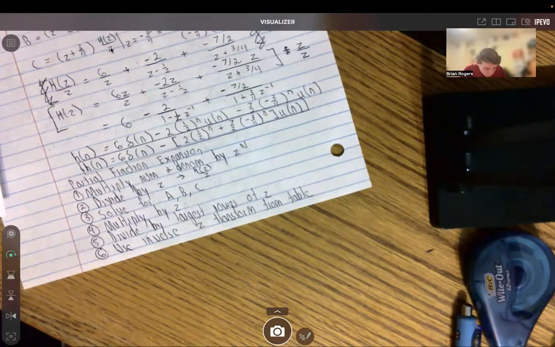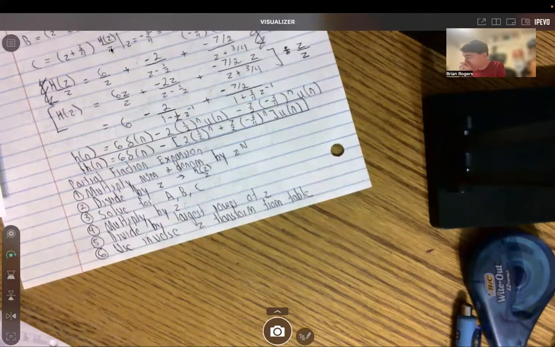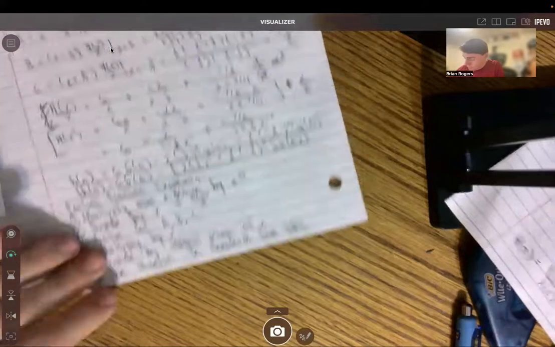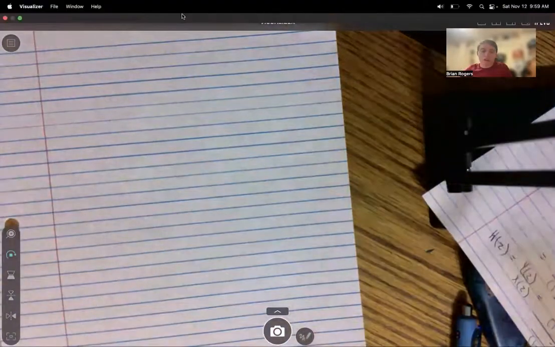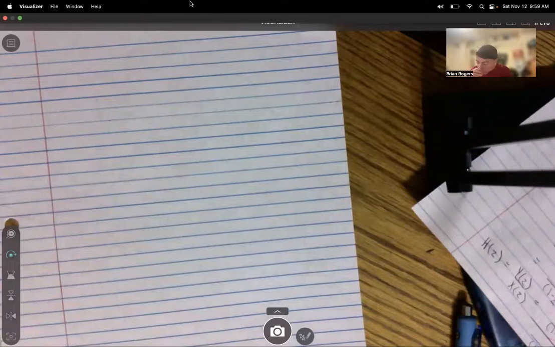So now that we found that, I want to do another one here. This one's a good one. It sort of deals with the linear constant coefficient difference equation and how we solve for problems like that one. And so I think it's good to get some practice with this one because it will definitely come in handy.